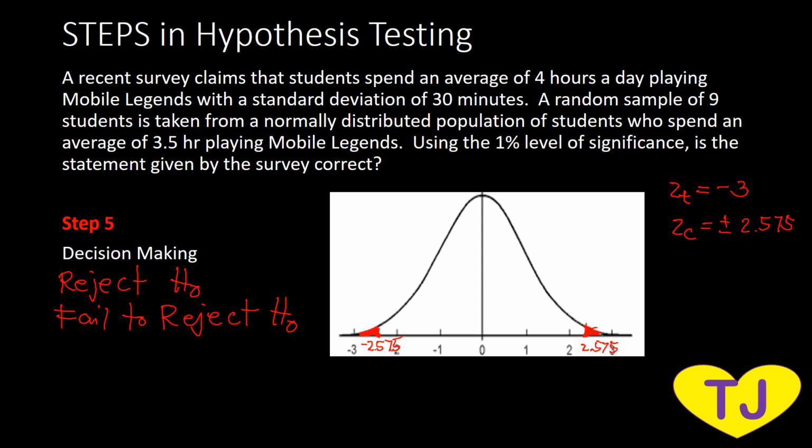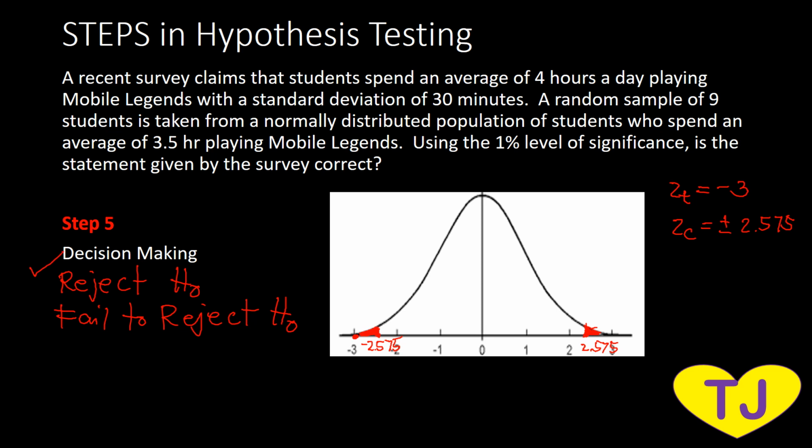So let's try to locate negative 3. Negative 3 is found on the left side, and it is this one here. It is located in the rejection region. So that means we are now sure that the decision is to reject the null hypothesis.